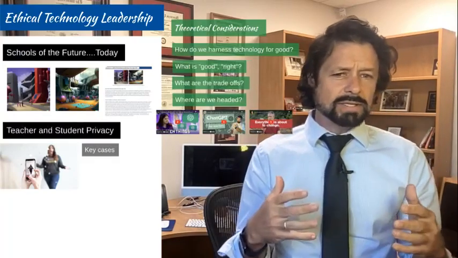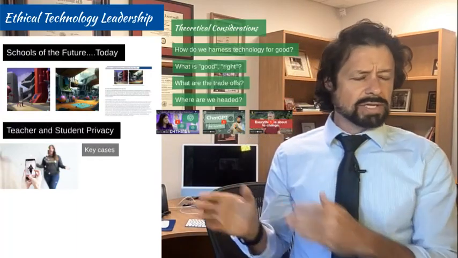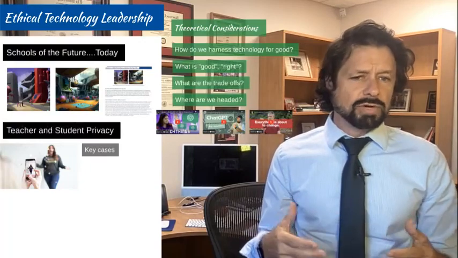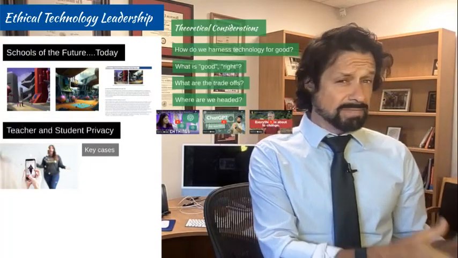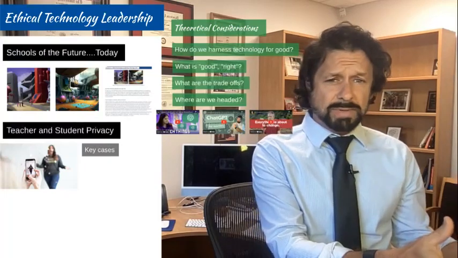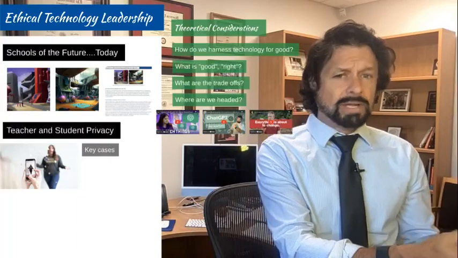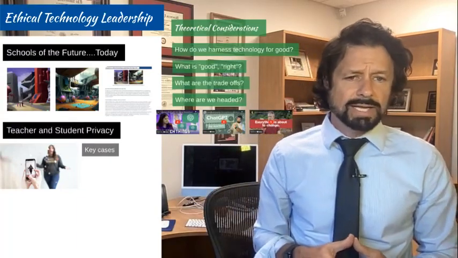We can immediately assume, hey, a teacher's private life is their private life. But actually, if you take a look at the cases, the case law has shown that if it impacts the work at hand, meaning if they have completely lost the respect of their role as a teacher and they can no longer do their job, they can be dismissed. So take a look at some of those law cases.